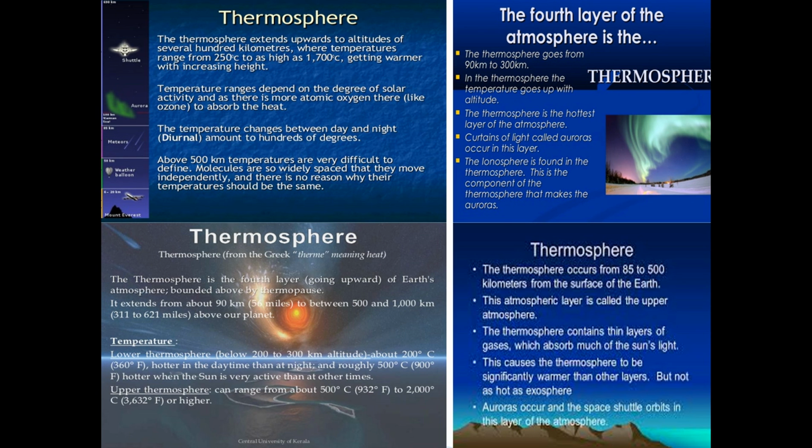The availability of positive and negative ions is why this layer is called the ionosphere. When collision happens, the molecules separate from each other, and positive and negative ions are created.